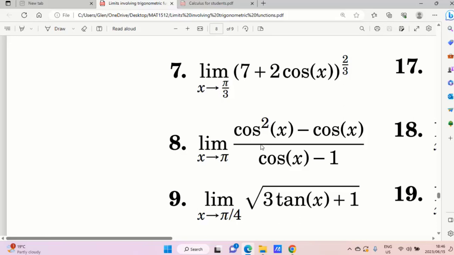Okay, Lerato, what did you get? 2. And Ndumiso, what did you get? I also got 2, sir. Sibusiso? Also got 2, sir. Thank you all. That is what we've been looking for. 2.